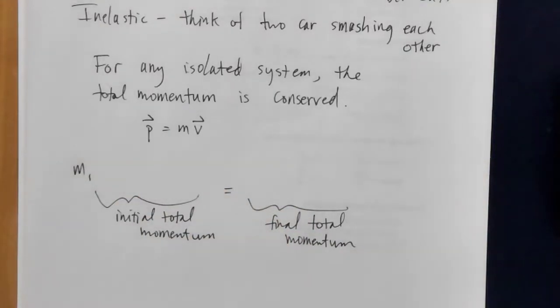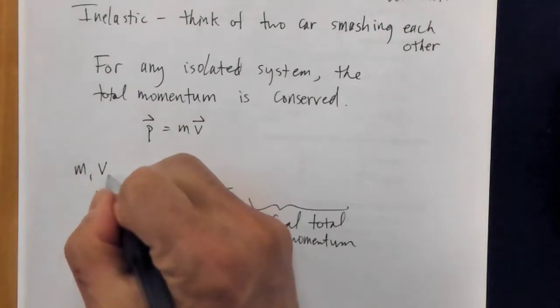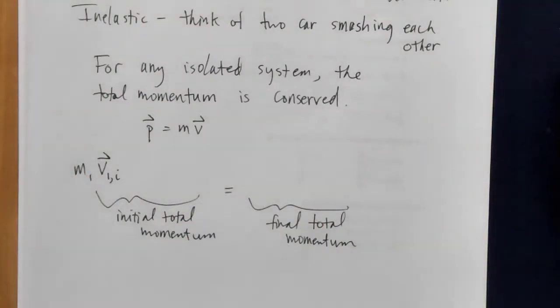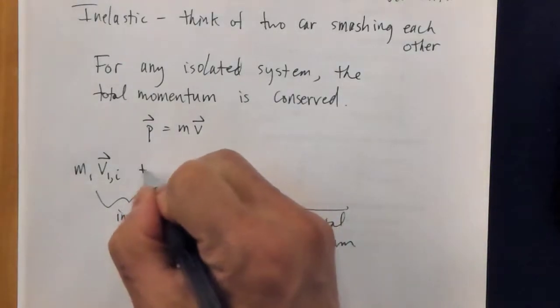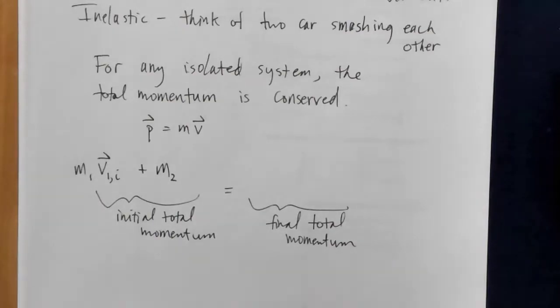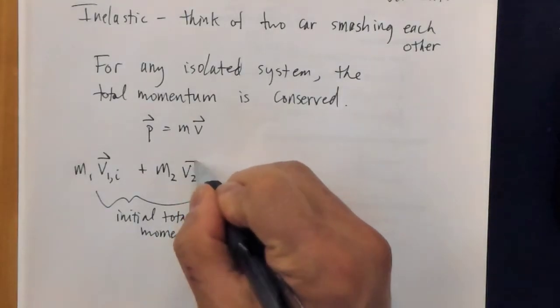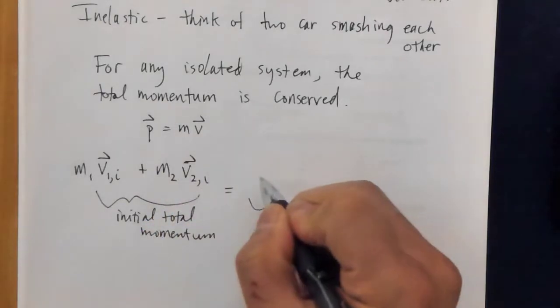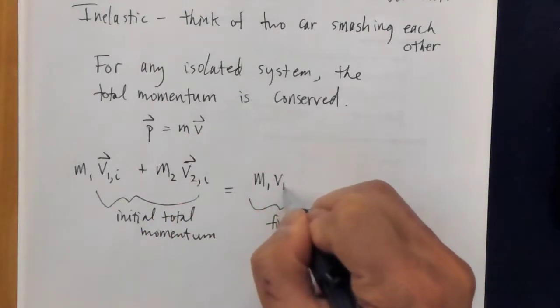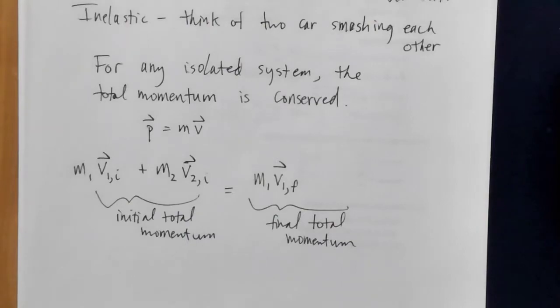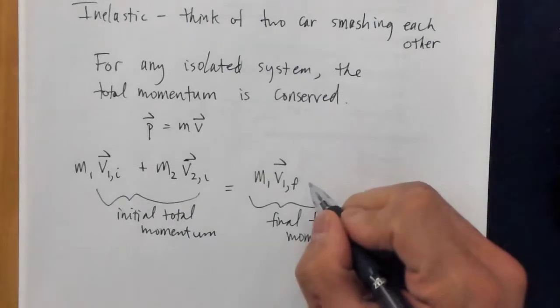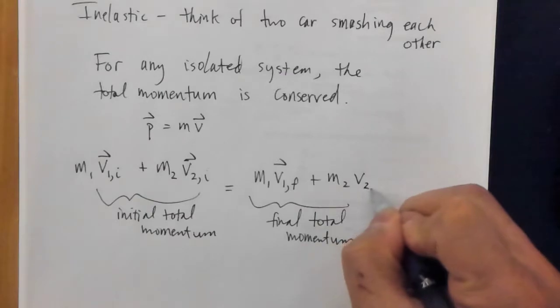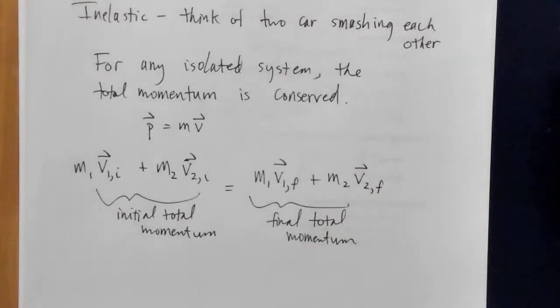So we have two things colliding with each other. m1 times v1 initial, that's the initial velocity for 1, and then we have m2 times the initial velocity for 2. And that's equal to m1 v1 final plus m2 v2 final. Okay? So we did this already. This is just momentum conservation. This is quiz 3 stuff.